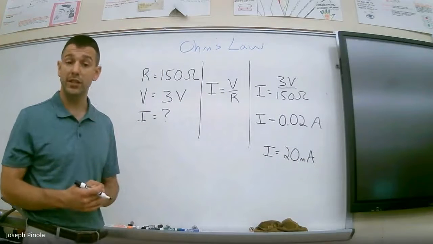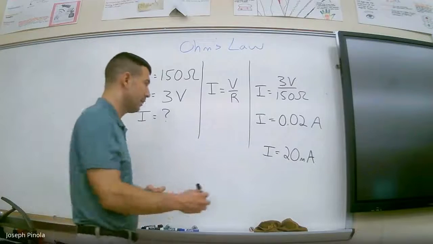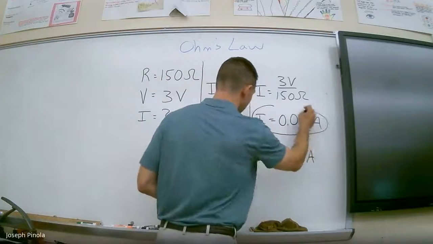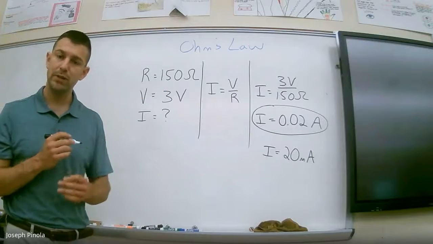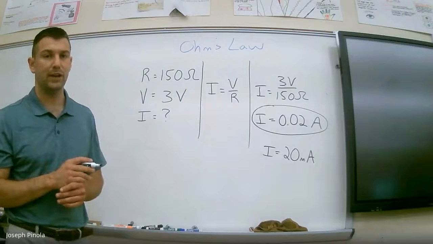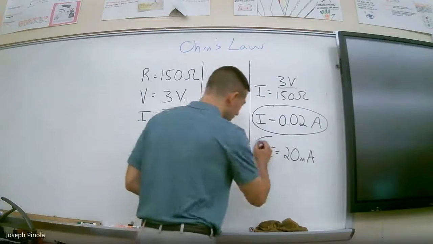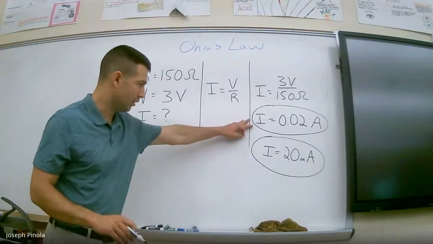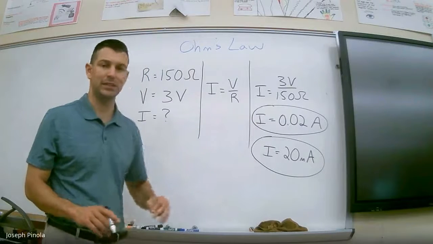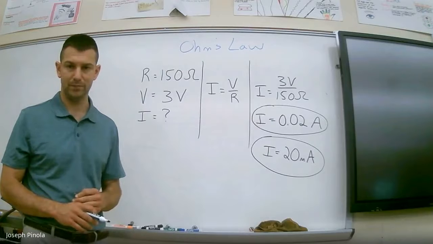So if you were doing this calculation using the 3-step method, this would be a completely acceptable answer, and the one that I would want you to get. But since we're going to be checking our ammeter, which is calibrated in milliamps, we might as well keep in mind that 20 milliamps is the correct conversion of 0.02 amps into milliamps.